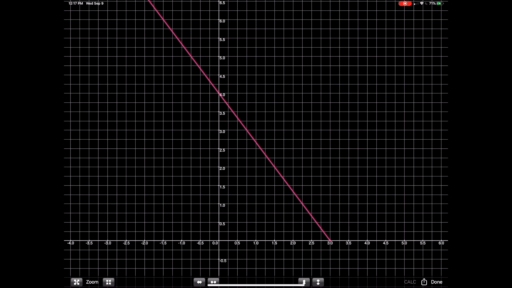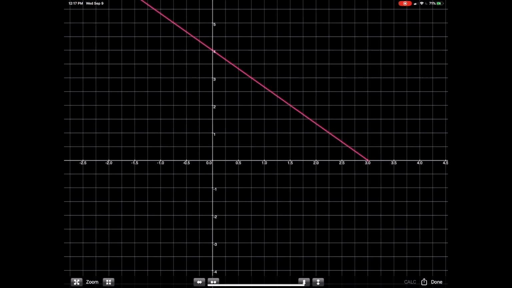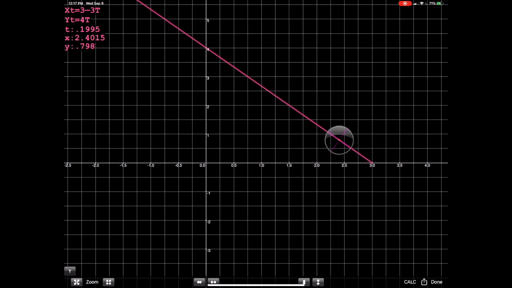And t is just going from 0 to 1, right? So t equal to 0 starts here, and then I'm tracing along until t hits 1, and it looks like t equal to 1 stops right about here.